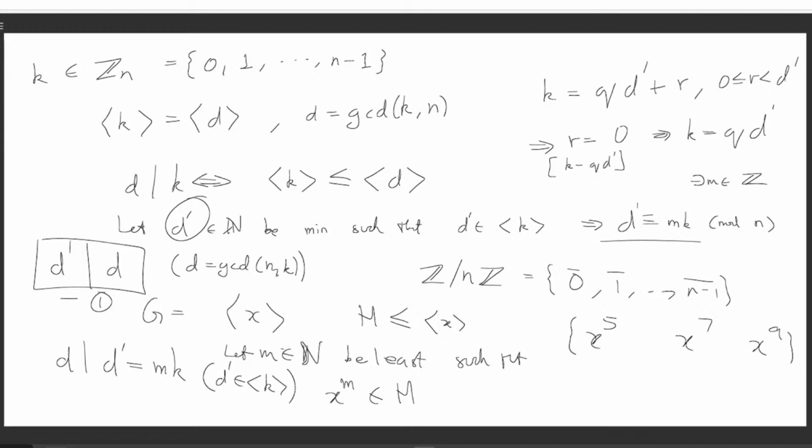This is okay. Now you need to... Greatest common divisor. D prime divides N. Sorry, D prime divides N is missing still, right?